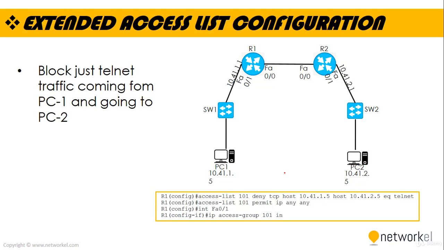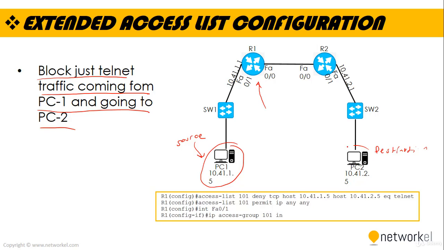Here is another configuration example for you. It says to block just telnet traffic coming from PC1 and going to PC2. This will be our source, and here will be our destination. I'm writing an extended access list: access list 101 deny TCP host PC1 to PC2 with equivalent of telnet.